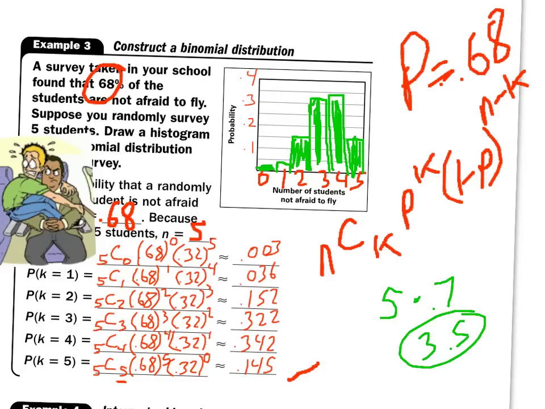I would expect 3 or 4 people to be my big numbers. Well, that's what ended up happening, right? 3 or 4 people ended up being my big numbers. So that ended up working out. That's what you're going to have to be able to do on the test. That is on the test. If I had to star that puppy right now for you, I'd put some stars on it. I'd say I know how to do one of those because that is on the test.